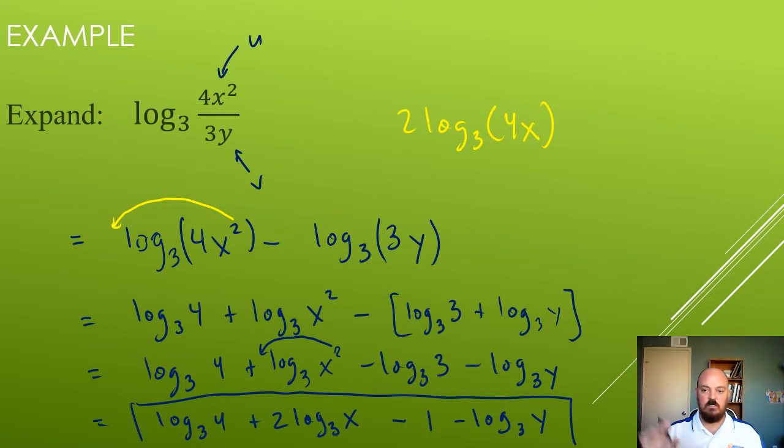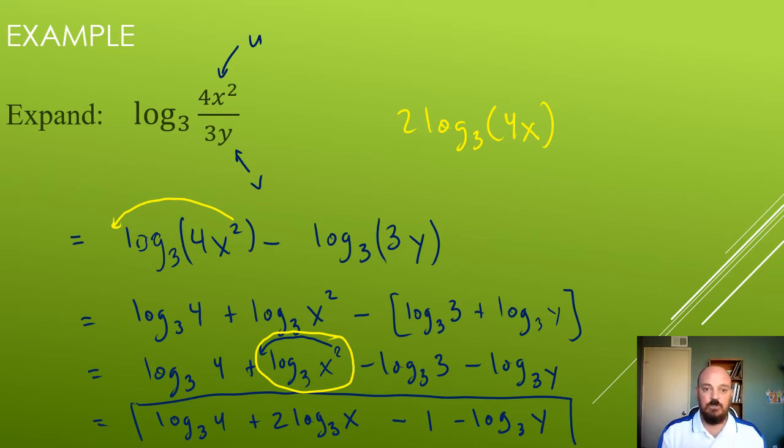Now the problem is the 2 is only attached to the x, not the 4. So it needs to come out here. If you're bringing the 2 out now, what you're essentially saying is the 4 was also squared. So you're kind of adding an extra factor in there that wasn't there. So don't ever pull that exponent out if there's more than one piece within the log. Separate them first. That's when the exponent comes out.